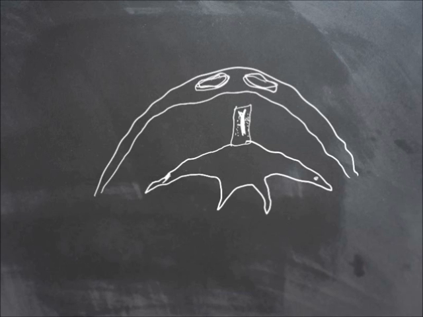This is the lesser wing. And down here, that is the orbital plate of the frontal bone. So that is the anterior cranial fossa. Now we'll move on to the middle cranial fossa.